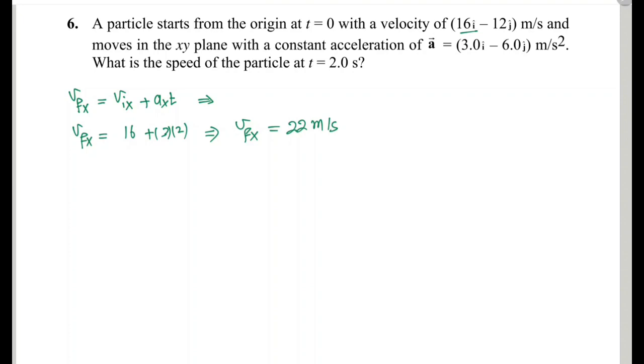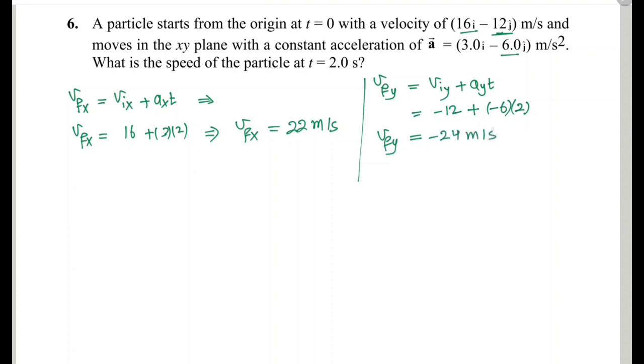meters per second. Now v final y equal to the initial v_y plus a_y t, again you substitute the numbers, you will get minus 12 right here, plus a_y, it's minus 6, times 2, you substitute this, you will find v final y equal to minus 24 meters per second.